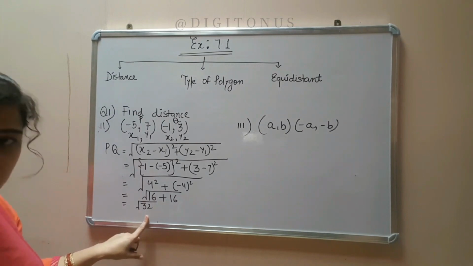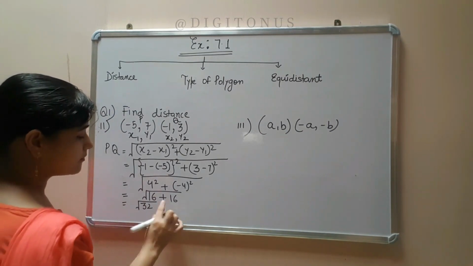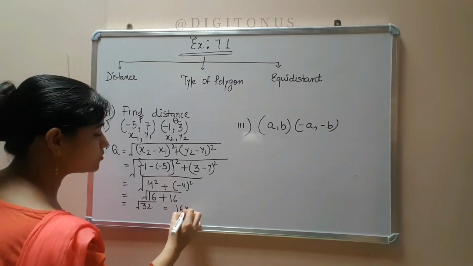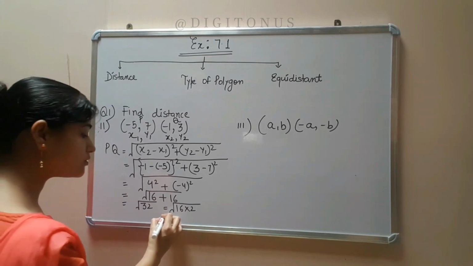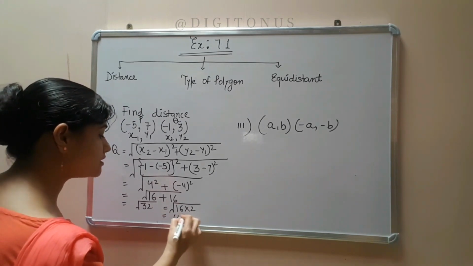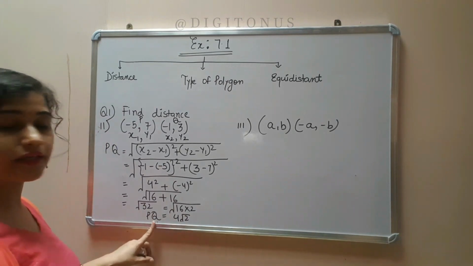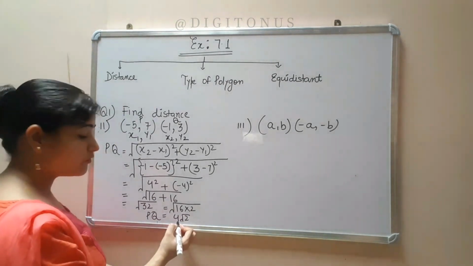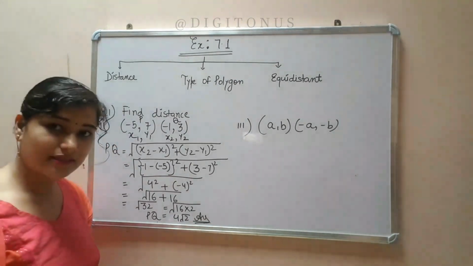But we can solve it further also. We can write it as 16 into 2, yes or not? Because 16 into 2 is 32 and the square root of 16 is 4. Yes, students? So the actual distance between point P and point Q is coming 4 root 2, and this is the answer. Is it clear?